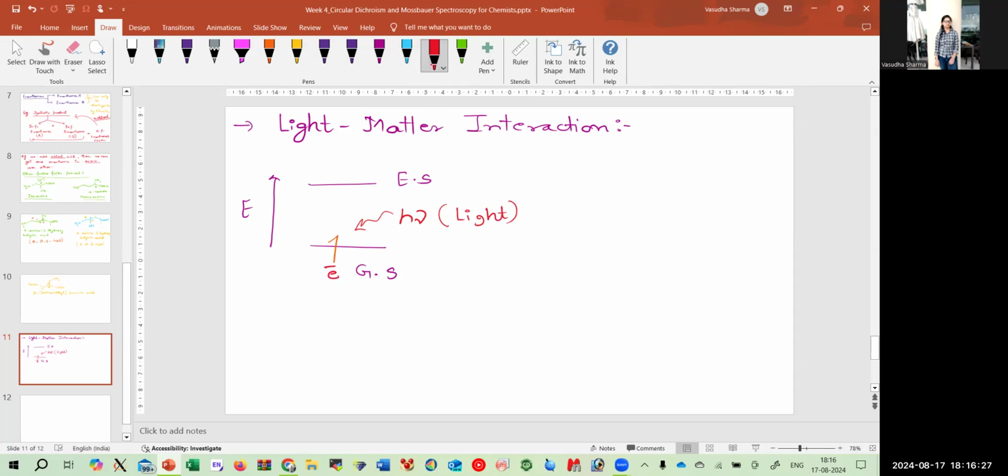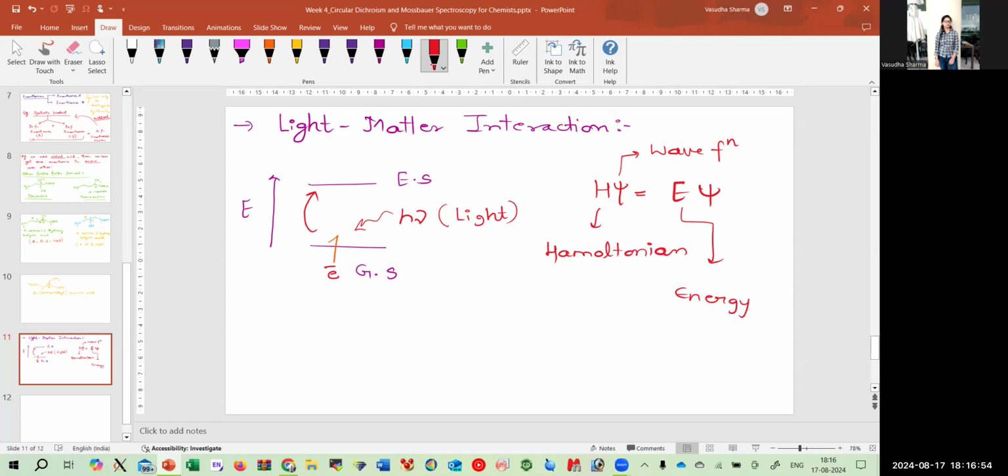It will go to the excited state. So what equation does it use? It uses H psi equals E psi, where H is your Hamiltonian, psi is your wave function, and E is your energy. This equation is known as the Schrodinger wave equation.